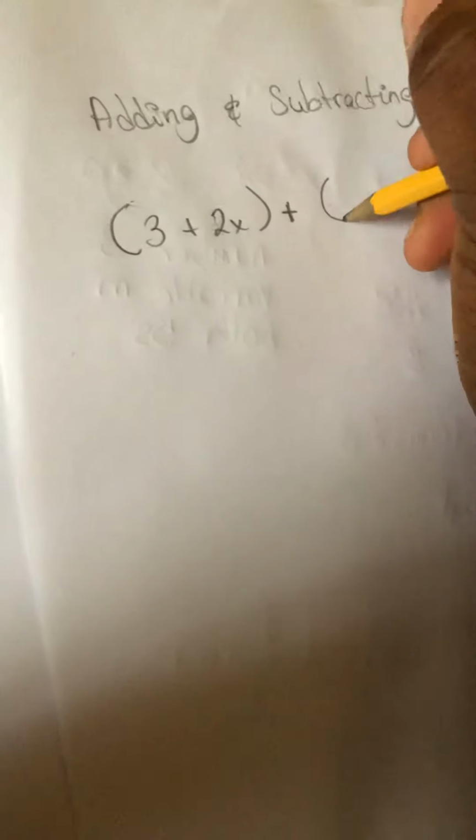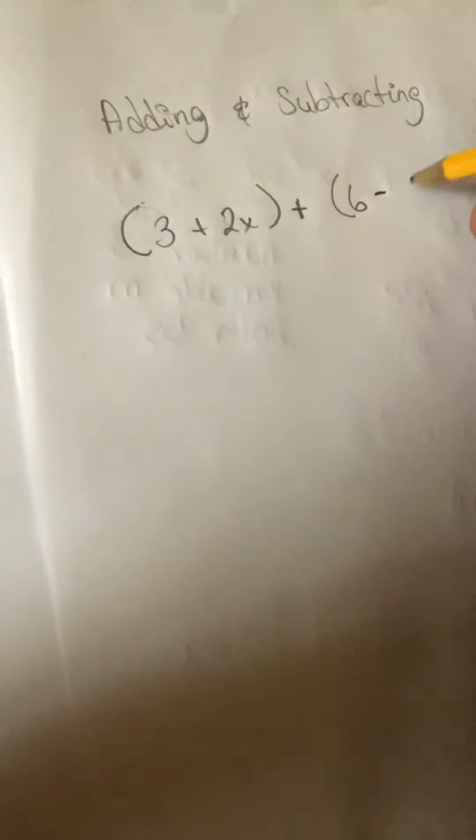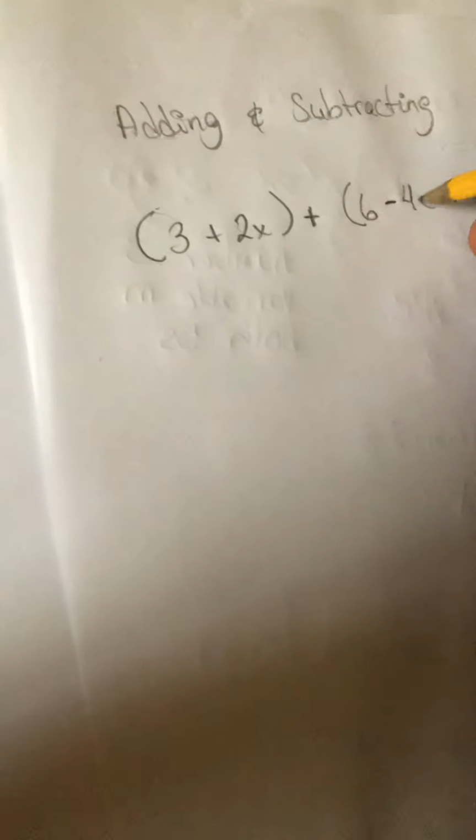So let's say you had 3 plus 2x, and then you're adding that to 6 minus 4x. I need to look and see what my like terms are. Because 2x has an x and negative 4x has an x, they're like terms, so I am going to combine them. And because 3 doesn't have a variable and 6 also doesn't have a variable, they're like terms.